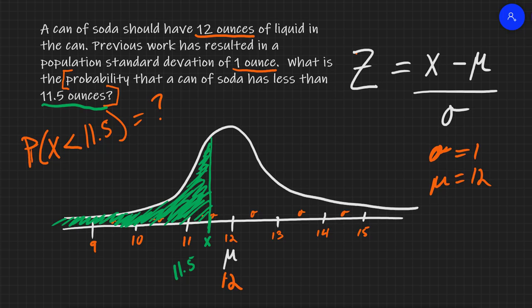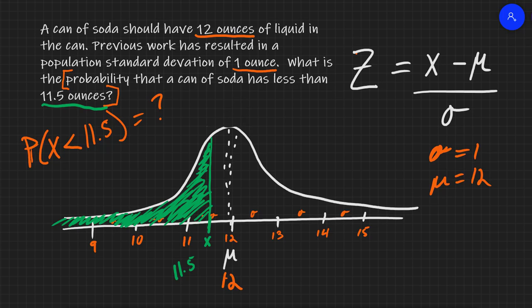The first thing I'm thinking is that my normal distribution can be divided down the middle. If this is 50%, then whatever's in green has to be less than 50%. Just a little mental self-check to make sure that what you get is reasonable.